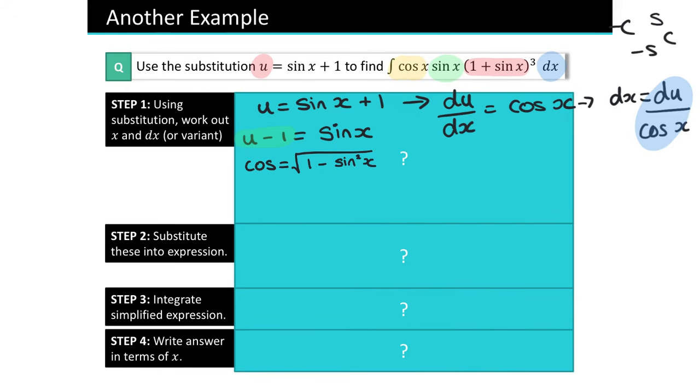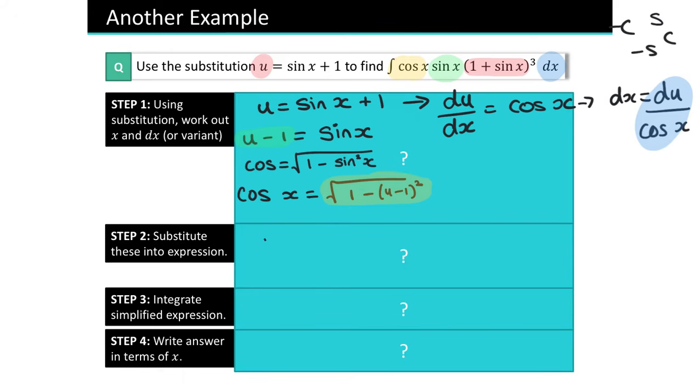Okay, so technically, do I have cos of x now? Cos of x is equal to the square root of 1 minus, what is sine squared x? u minus 1 squared. Okay, so now do I have what cos x equals? Okay, now what do I do?